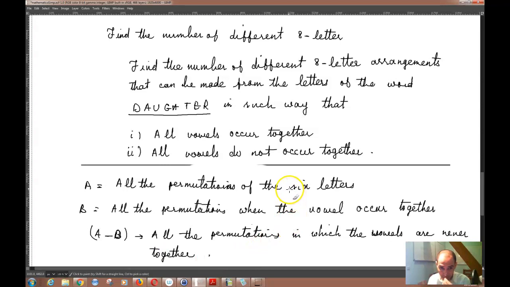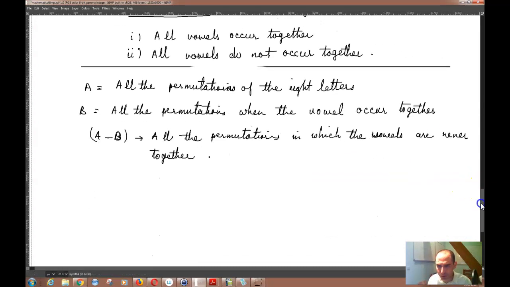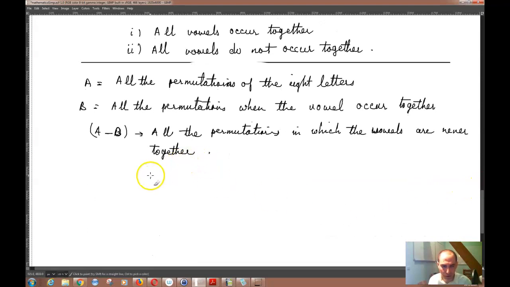Okay. Now all the permutations of the, not of the 6 letters, but we have 8 letters, of course. I'm sorry, I made a mistake here. So you have all the permutations of the 8 letters. So that would be 8 permutation 8, which is equal to 8 factorial.